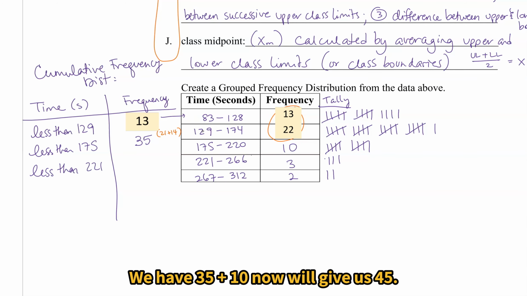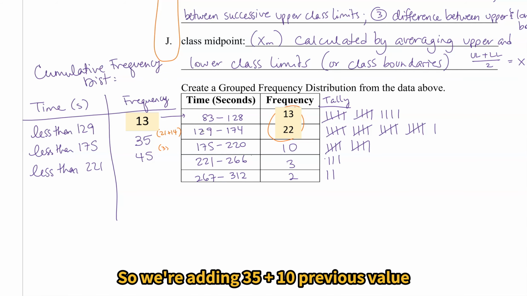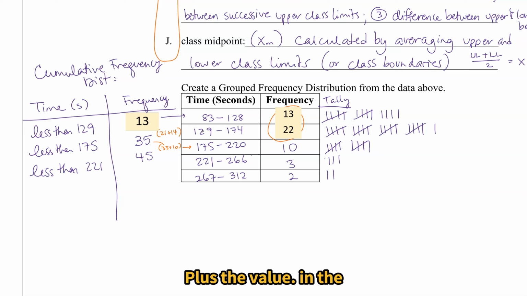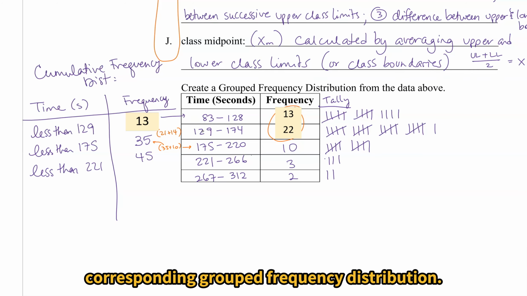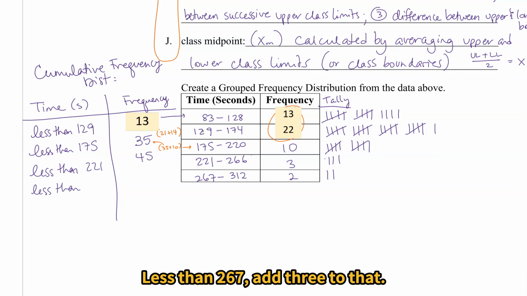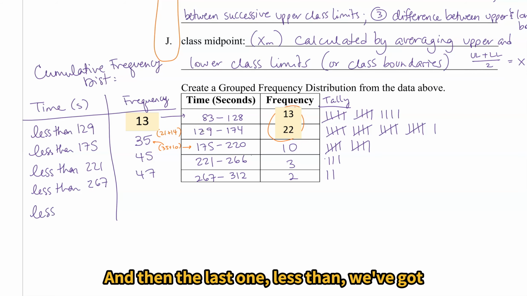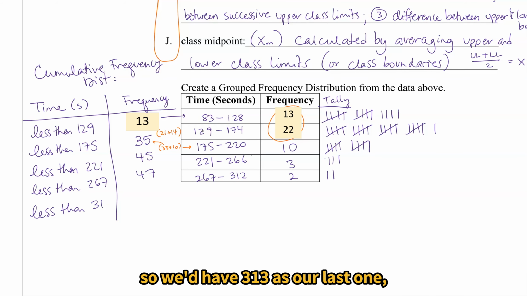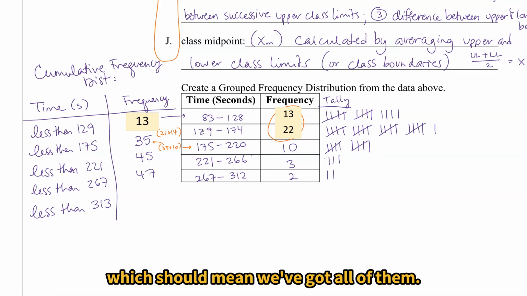We have 35 plus 10 now would give us 45. So we're adding 35 plus 10, the previous value, plus the value in the corresponding grouped frequency distribution. Less than 267. Add 3 to that. And then the last one, less than, we've got 312 here at the end, so we'd have 313 as our last one, which should mean we've got all of them.